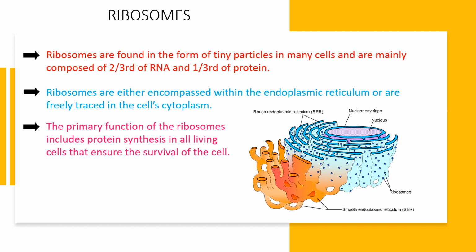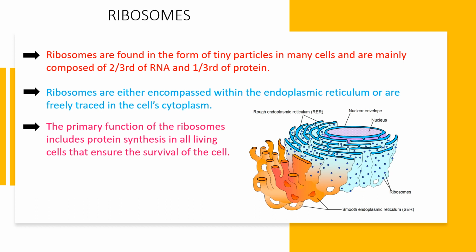Ribosomes. Ribosomes are found in the form of tiny particles in many cells and are mainly composed of two-thirds RNA and one-third protein. So where are ribosomes found? On endoplasmic reticulum. I already told you this point two times. Not all ribosomes are present on the endoplasmic reticulum; some are also freely found in the cytoplasm of the cell.